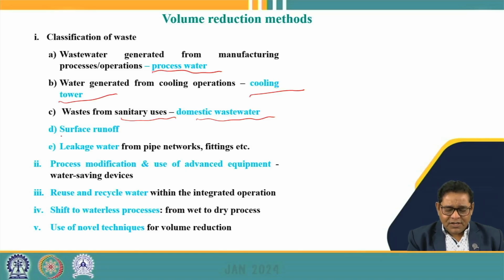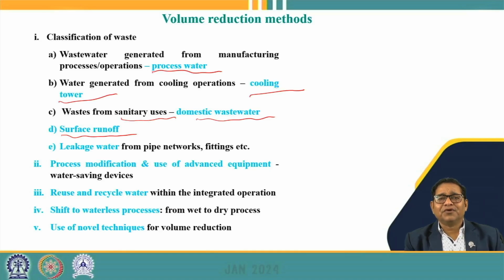Similarly, we have a lot of area within the plant which may receive precipitation and rainfall. As we know, after precipitation, the part of the water which does not get evaporated or infiltrated is generated as surface runoff, and when this runoff flows over the open surface area, it may again get contaminated with various types of foreign impurities present in the catchment area during its flow.